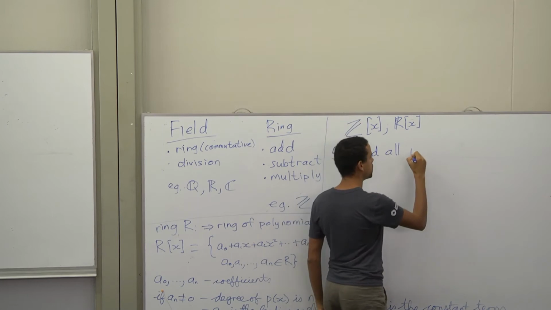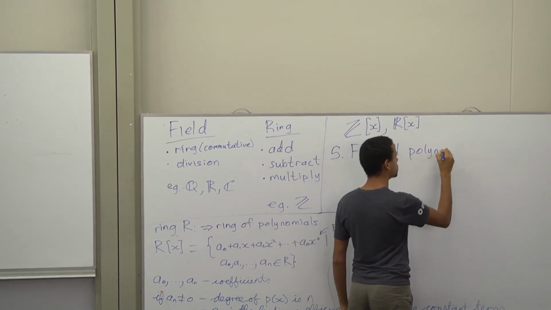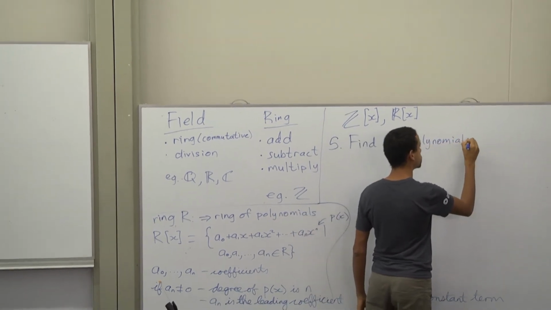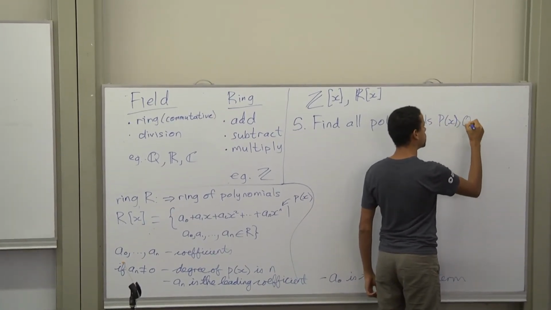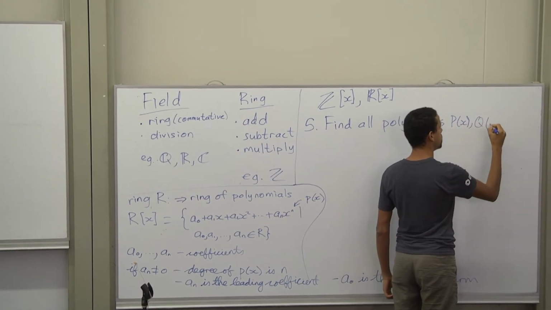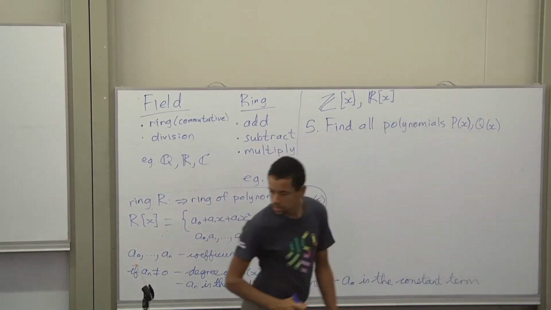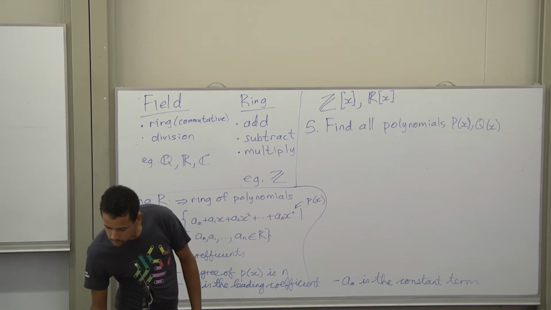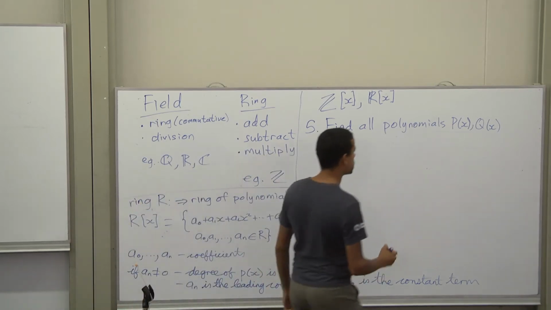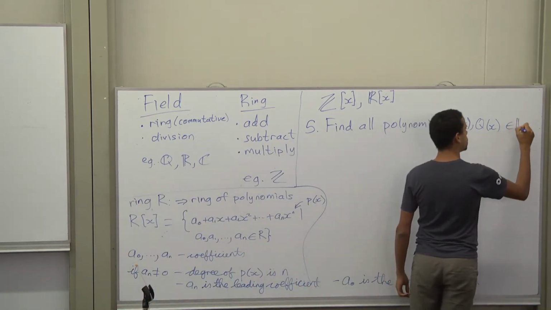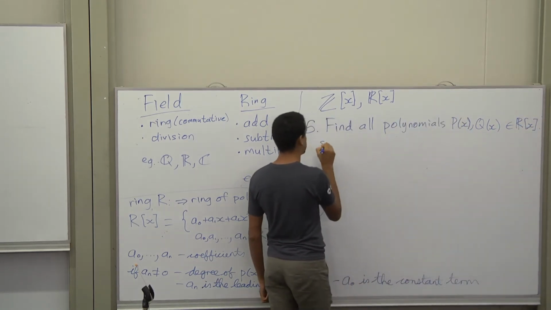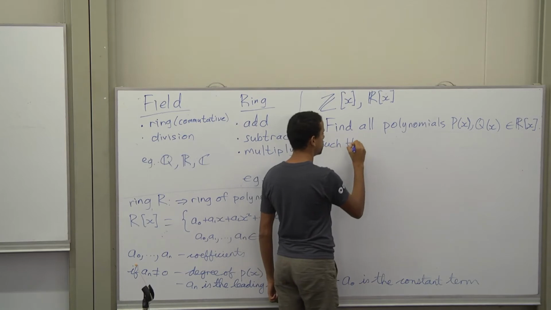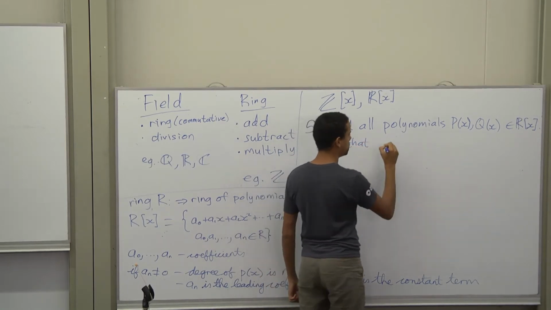Find all polynomials P of x and Q of x with real coefficients such that the following is true.